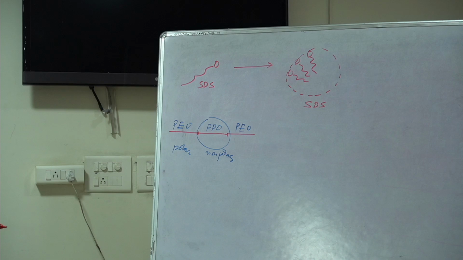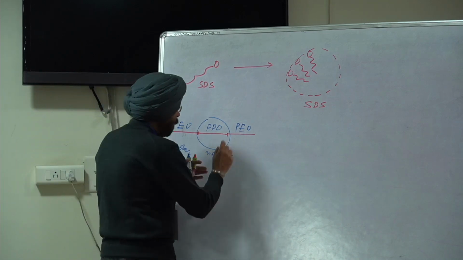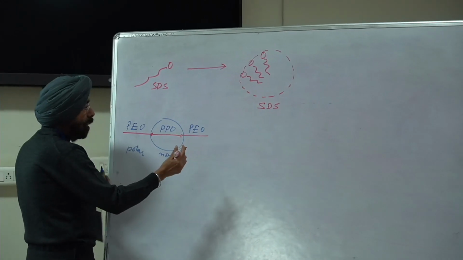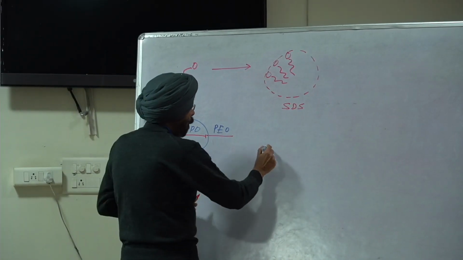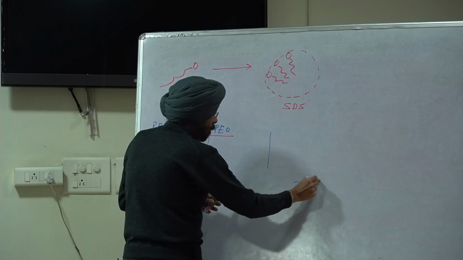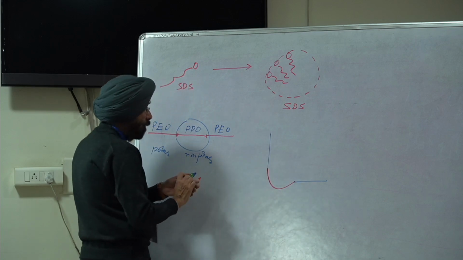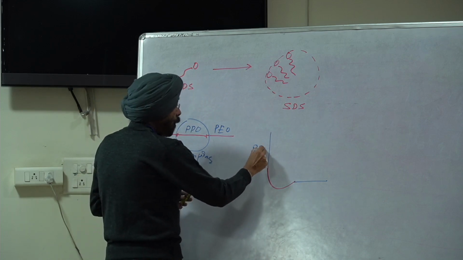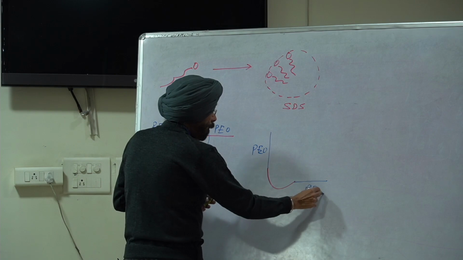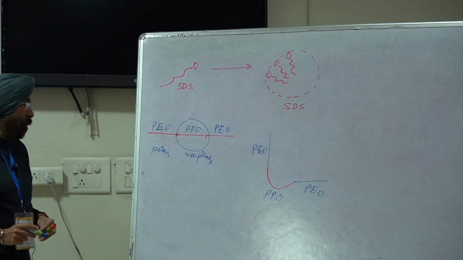I'm using the word predominantly. So I can depict this entire polymer in the form of a structure like this. So this is, you may say, PEO, PEO, and PPO, polypropylene oxide.